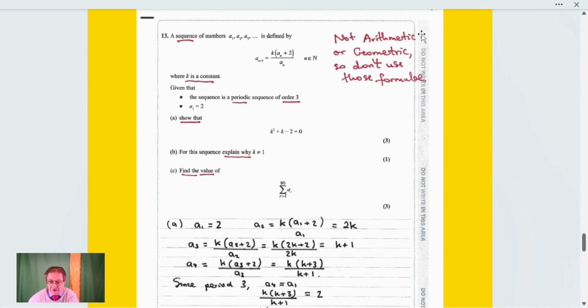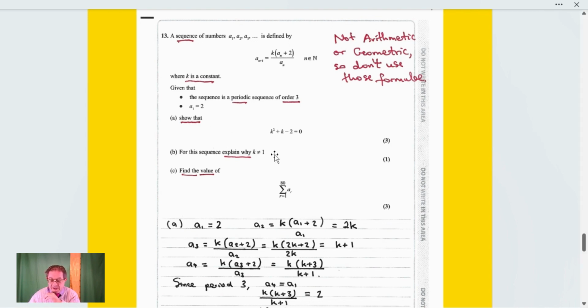Now, this is not an arithmetic or a geometric sequence, so we don't want to see use of those formulas in this question. We are given that the series is a periodic sequence of order 3, and the first term is 2. Periodic of order 3 means you've got A1, A2, A3, and then it repeats itself. Every 3 terms repeat. Not less than 3, every 3 terms.